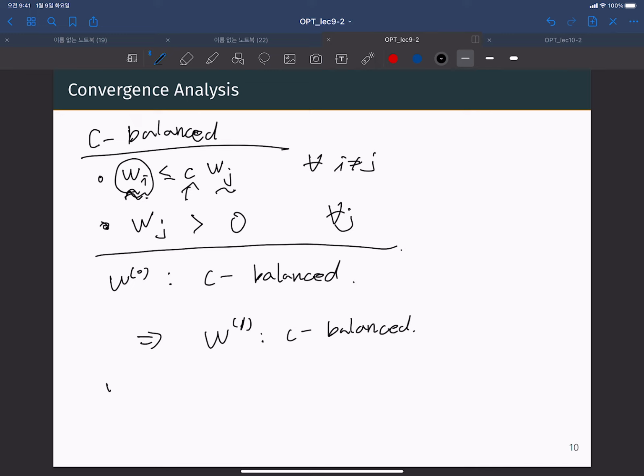So in other words, when Wt is C-balanced, then Wt plus 1 is also C-balanced. Then we can say that our trajectory always belongs to the C-balanced subset of parameters. So we can utilize the very nice properties of the C-balanced subset.